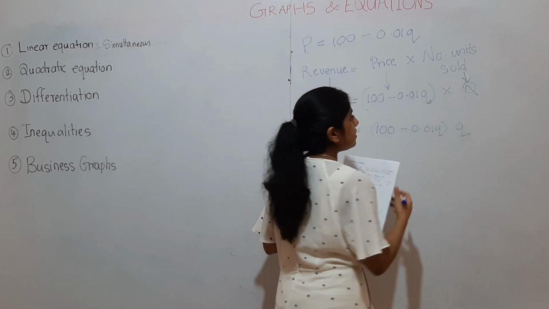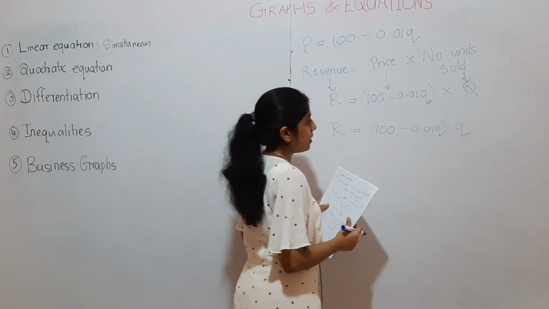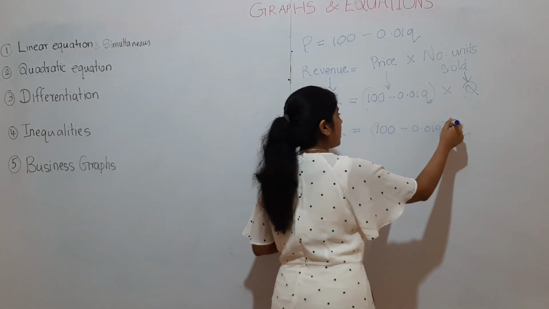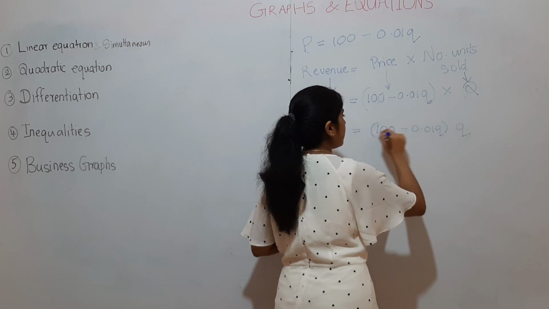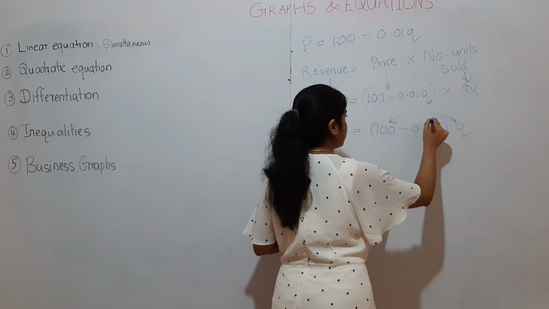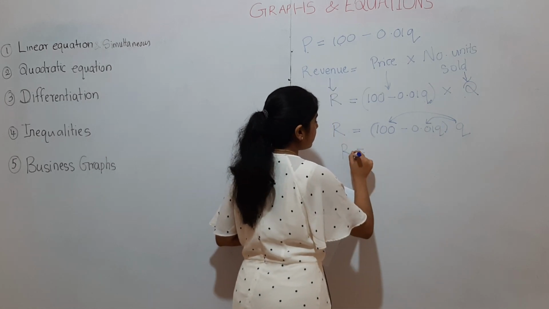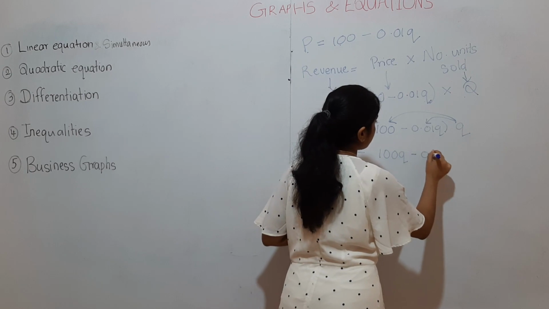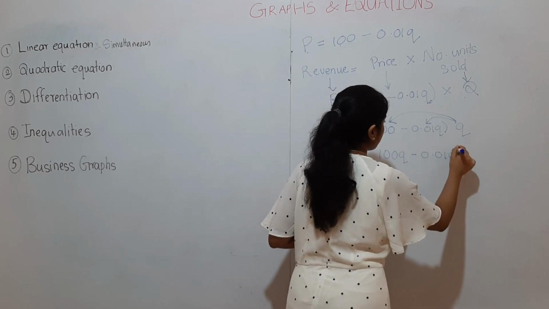Leaving it like this, we can clear off the brackets by multiplying Q by this and Q by this. In that case, our final equation will be 100Q minus 0.01 Q squared.